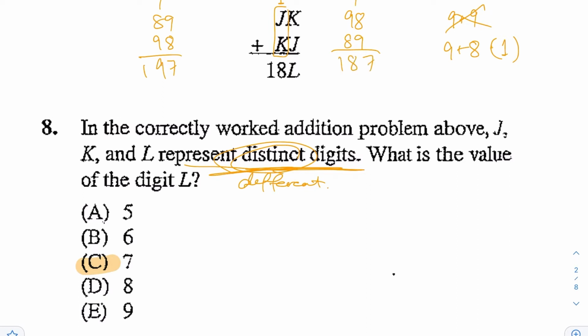Either way, L has to be equal to 7. You don't know if J is equal to 8 or 9, or K is equal to 8, but no matter what, L has to be 7.